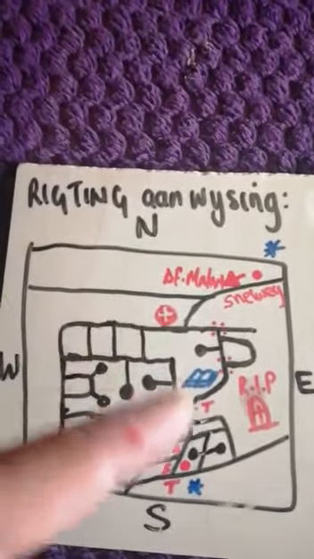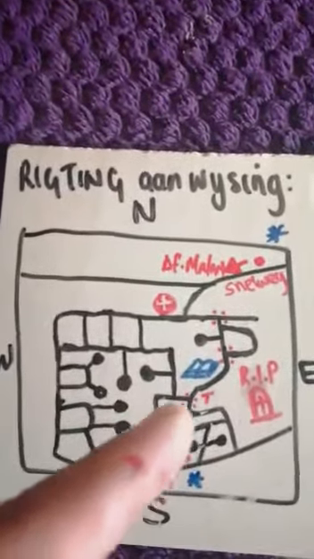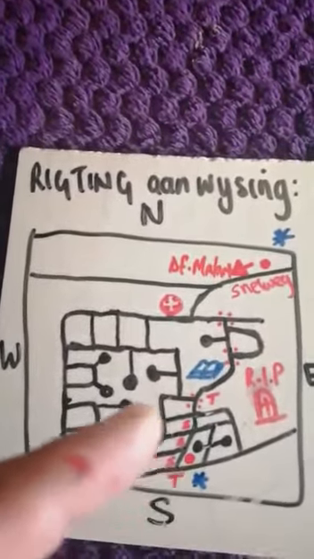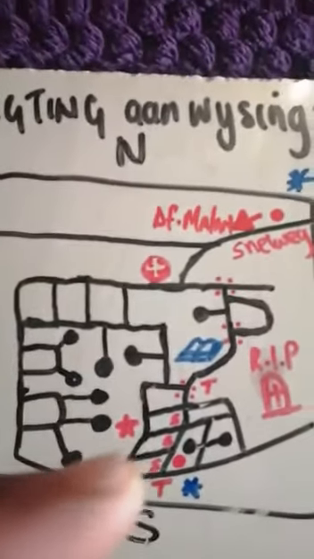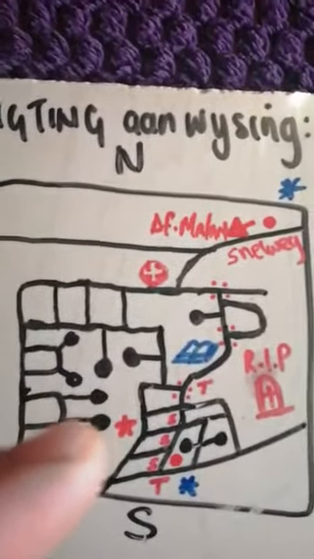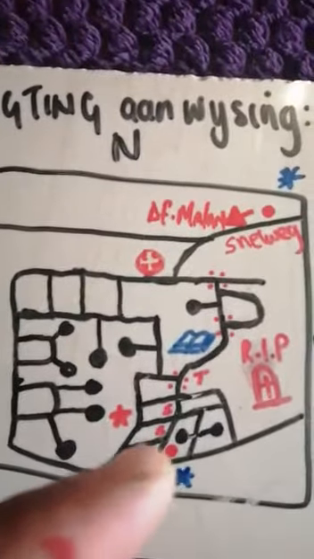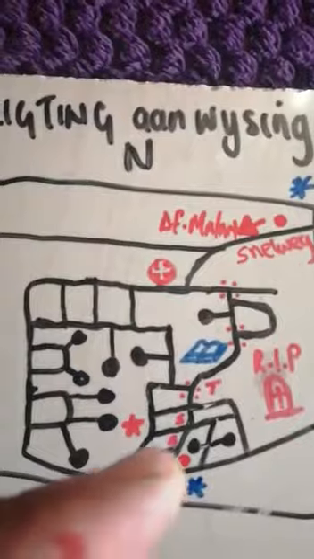There I've got a hospital, a cemetery, a library, and these little T's are T junctions, and the S's are stop signs. Then I've got a little star indicating the police station, and this blue X is supposed to be representing that red dot over there, which is our destination.